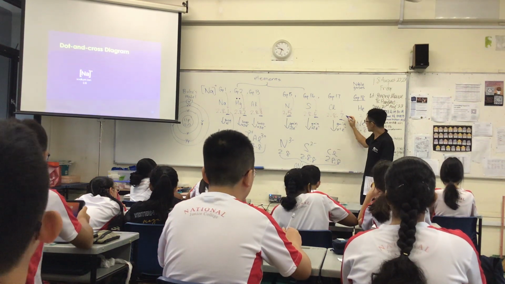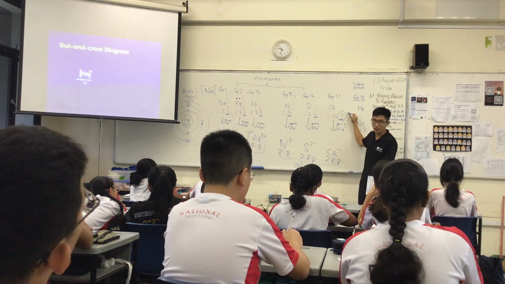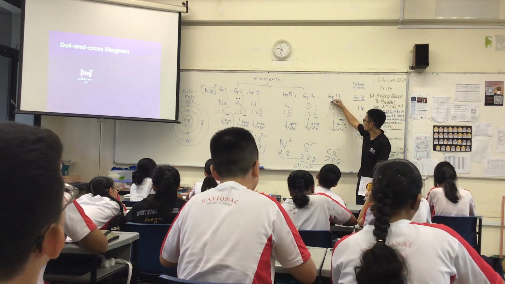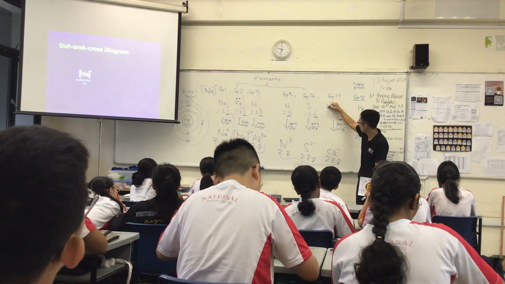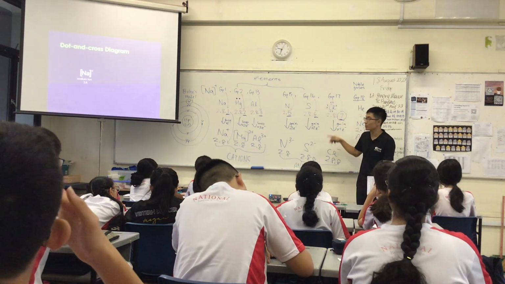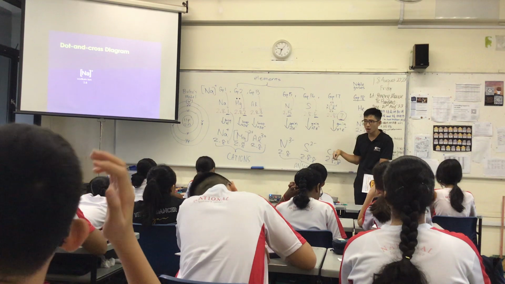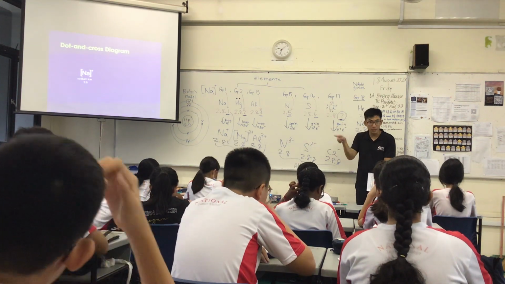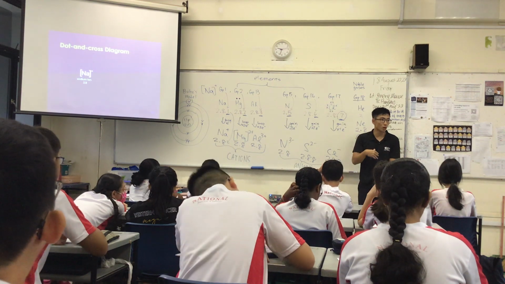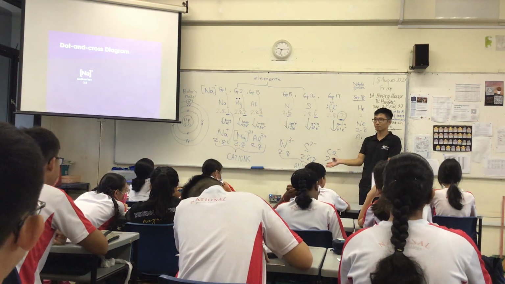We look at chlorine, outermost shell, 7. So the dot and cross diagram for chlorine just looks like this. You do 1, 2, 3, 4, 5, 6, 7, just like how you normally would, except you don't need to draw the shell anymore. You do not need to draw the inner shells anymore. It's very simple. Don't even need to tell me how many protons or neutrons there are. Very simple.